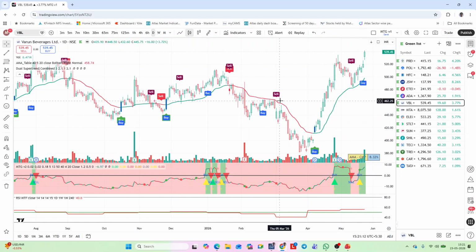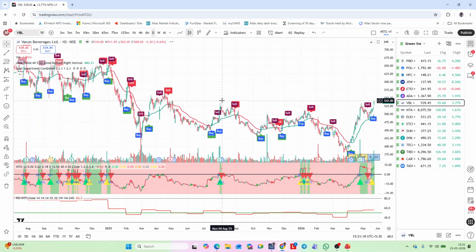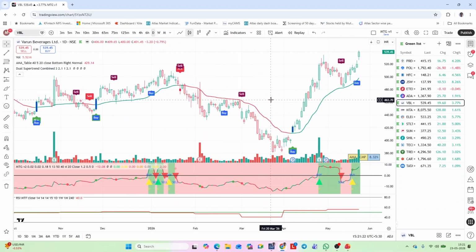Yeah. So now coming back to evaluate the overall chart. Say for example, in our scanner, this particular stock has come up. First I will see whether the stock has crossed or is above our RSI 50. Yes. Second, the AMA line, whether the price is above the AMA line.